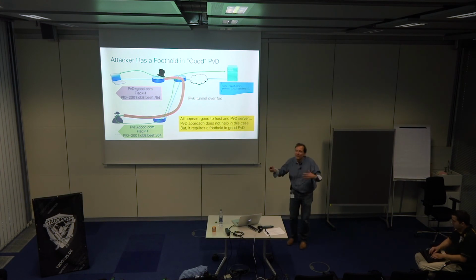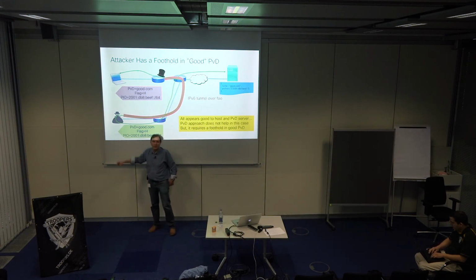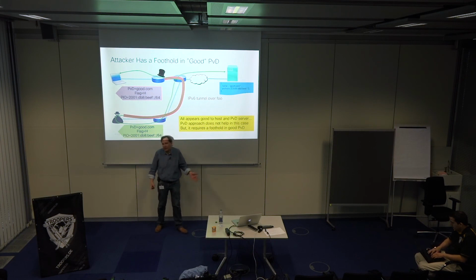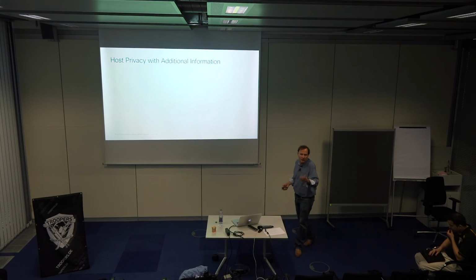Yeah, it's not so easy, let's say, to do it, but it's doable. I mean, I think everyone in this room could do it, assuming you have a foothold there. And if you have a foothold there, you have other problems anyway. And you can do it without PVD as well, right? Simply by removing PVD from the equation, you get back to square one.